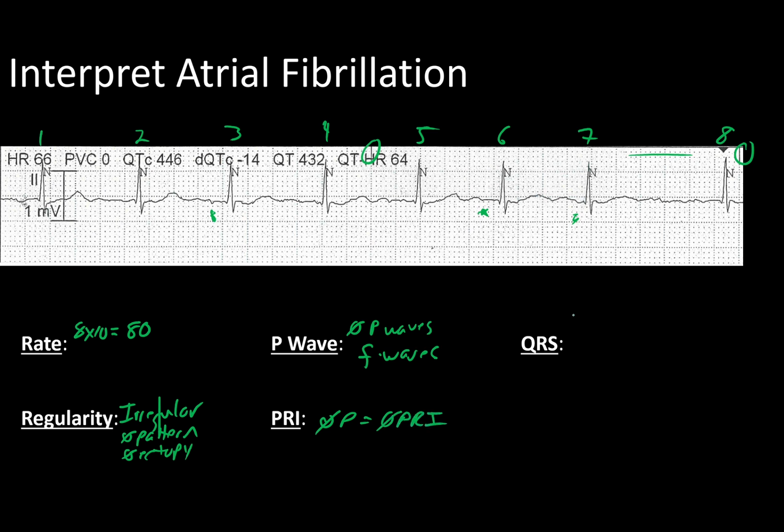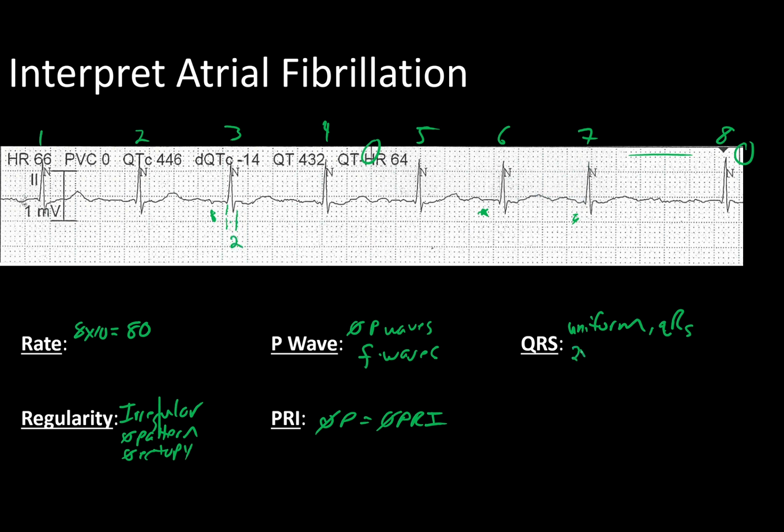Now, as for our QRS, those are uniform. Looks like we have a QRS pattern. And if we're to measure these out, one, 2-ish.